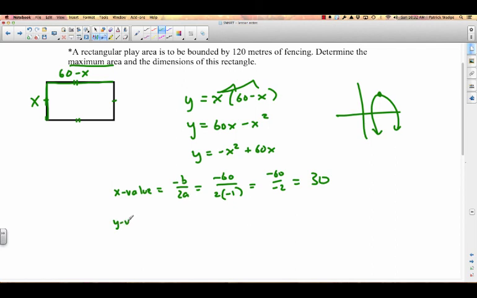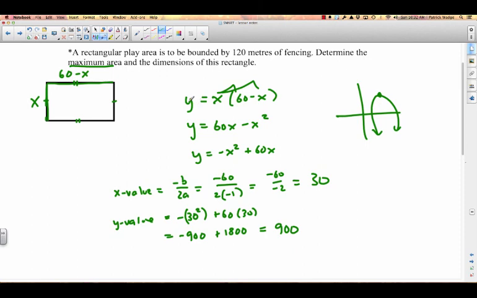To get the y value, let's take that 30 and plug it into both these spots. So you get, now be careful, negative 30 squared plus 60 times 30. So 30 squared is 900, then put the negative on it. So it's negative 900 plus 1800 when you multiply 60 times 30, and if you do that, you get positive 900.